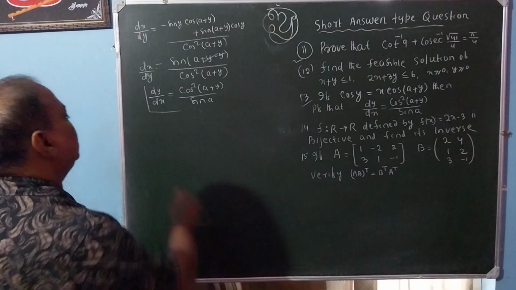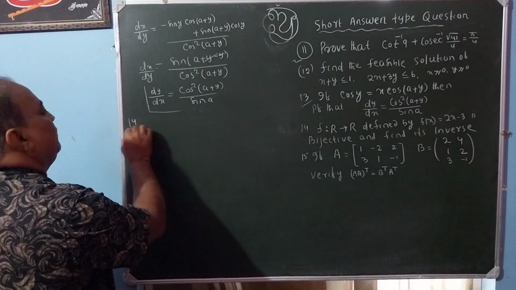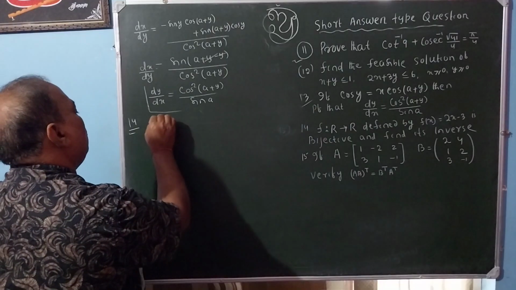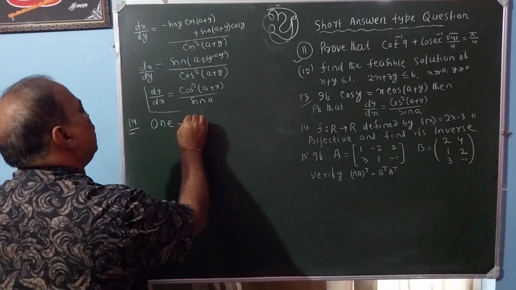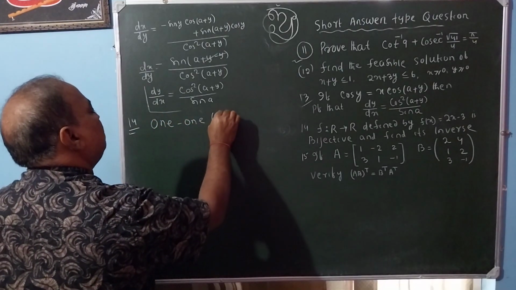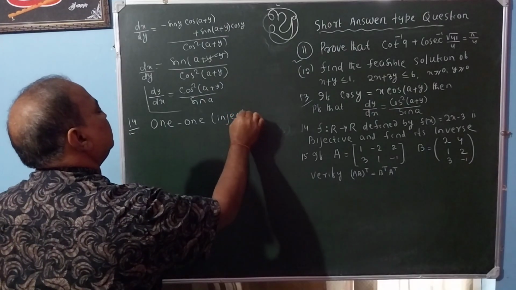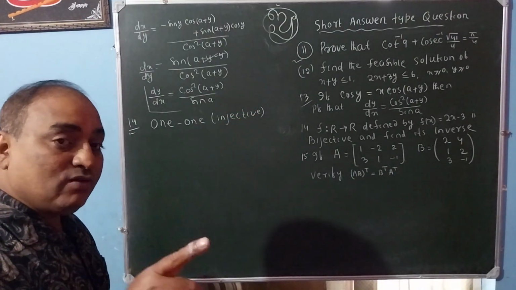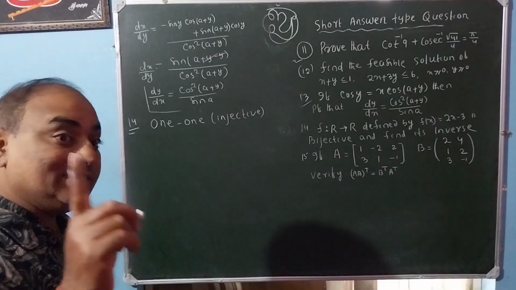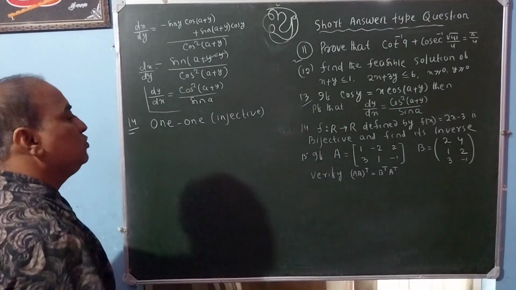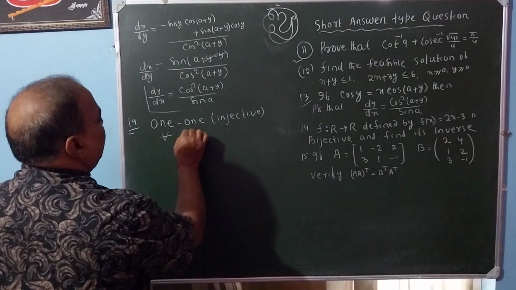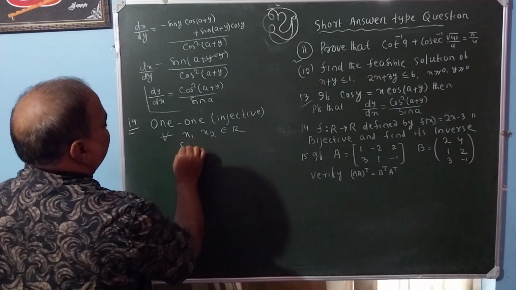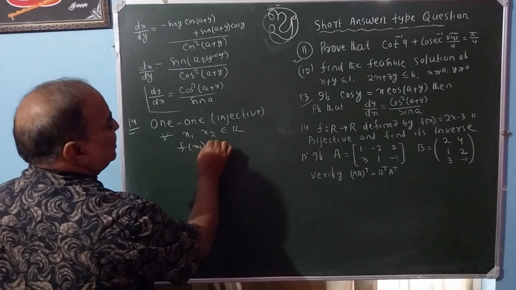Write down question number 14. First of all, we have to check one-one. One-one is otherwise called injective. What is the definition of injective? f(x1) is equal to f(x2) implies x1 is equal to x2. So write down: for all x1 and x2 belongs to R, f(x1) is equal to f(x2).